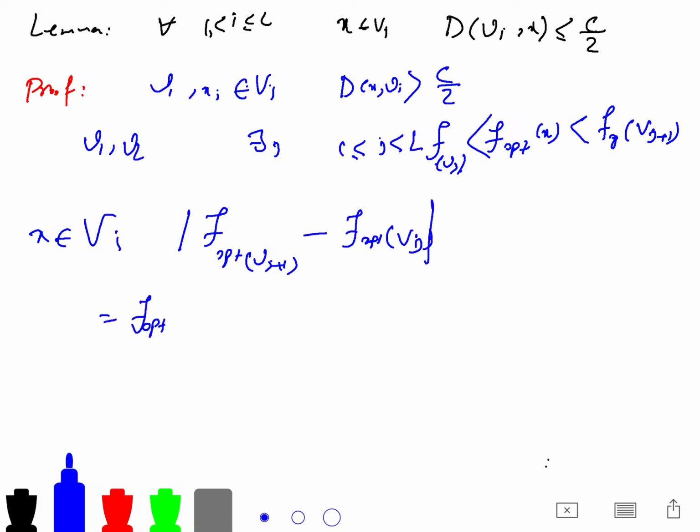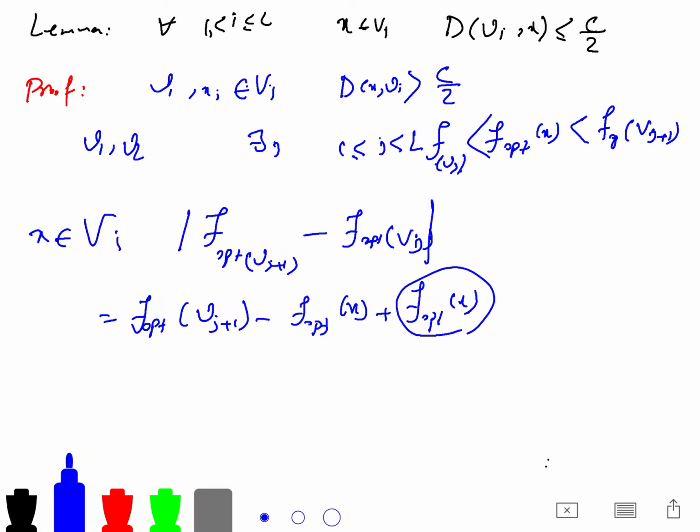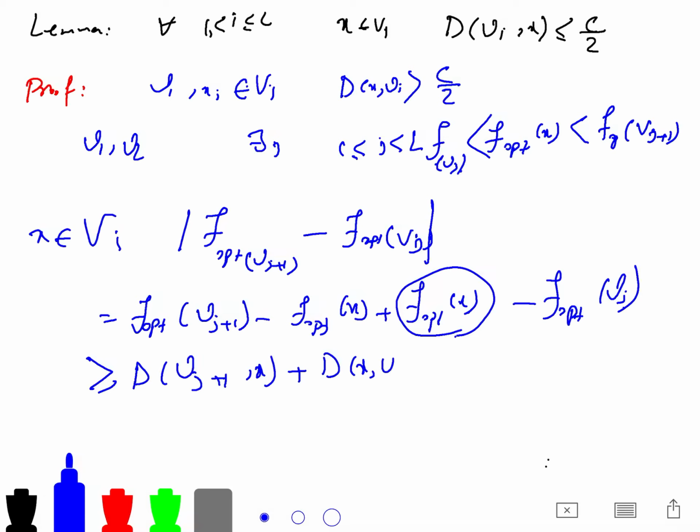This is equal to f_opt of Vj plus 1 minus f_opt of x, plus f_opt of x minus f_opt of Vj. I'm just adding and subtracting this value. But you know that this is greater than the distance between Vj plus 1 and x plus the distance between x and Vj.